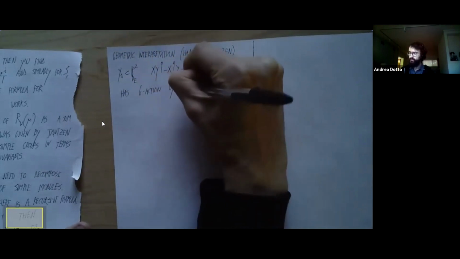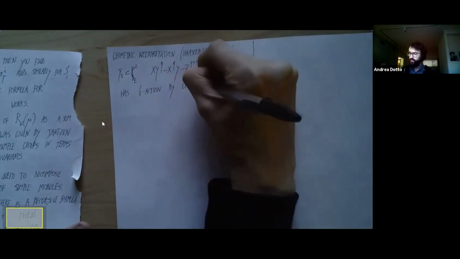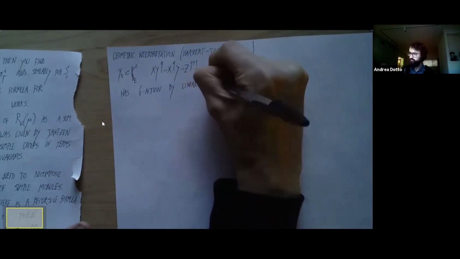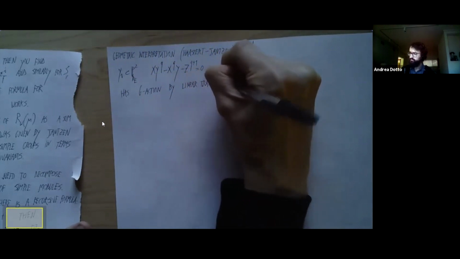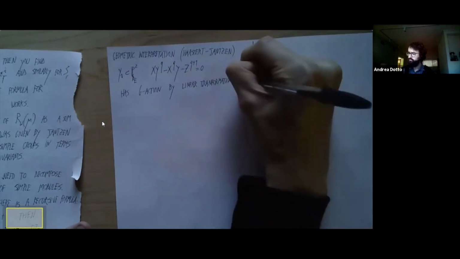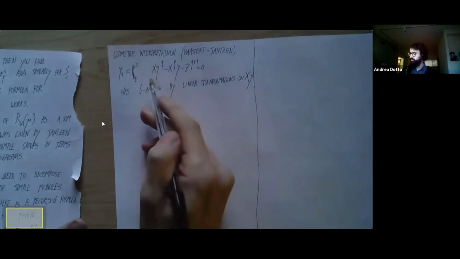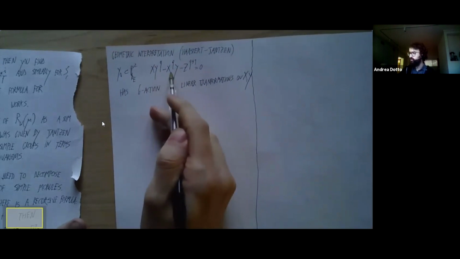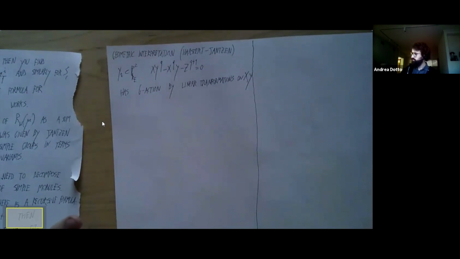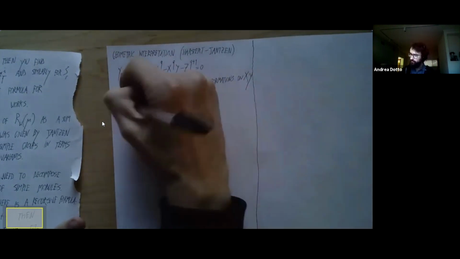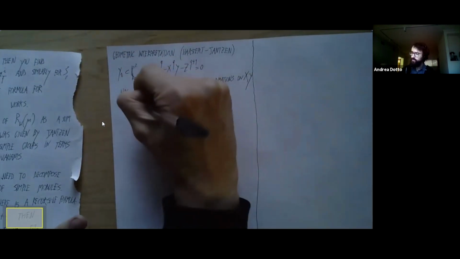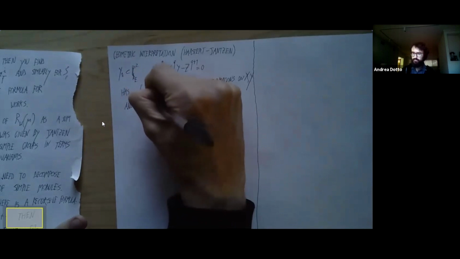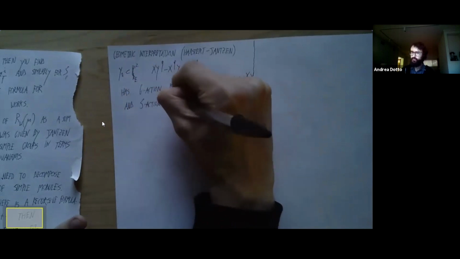This is given by linear transformations on x and y. So this is just the polynomial given the determinant, so you can let G act in that way, and S action, scaling these coordinates.